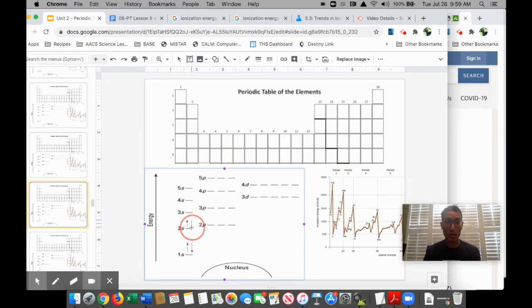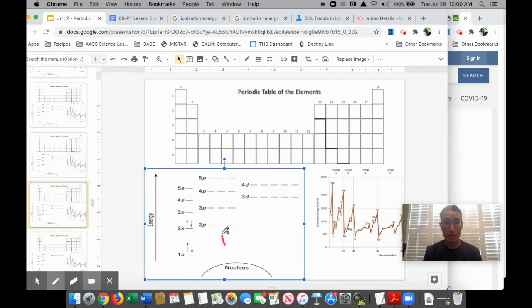Okay, so remember, now we've got this spin up, spin down. For lithium, we did that first. That was 3 electrons, and we'd say it's got 1s2 and 2s. It had 1 electron in the 2s, so it'd be 2s1.